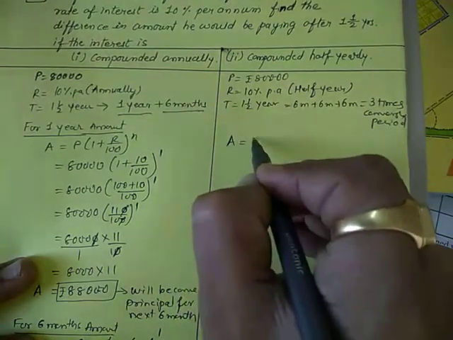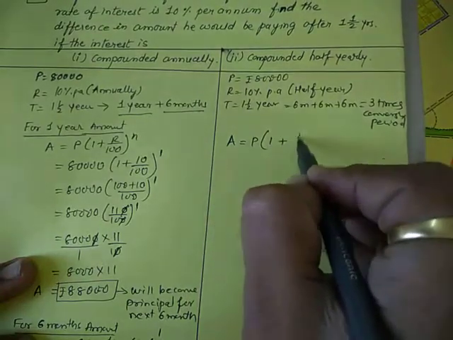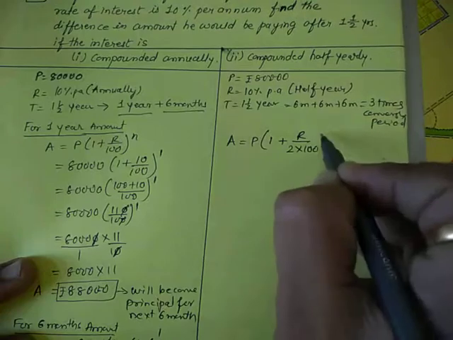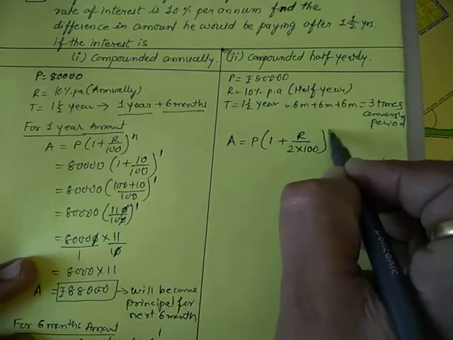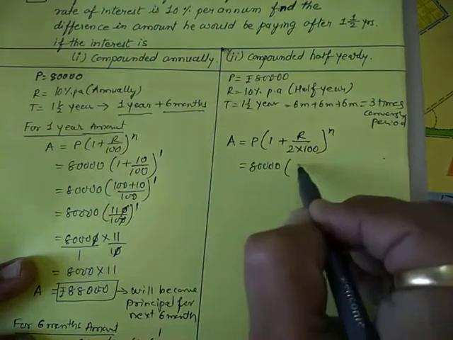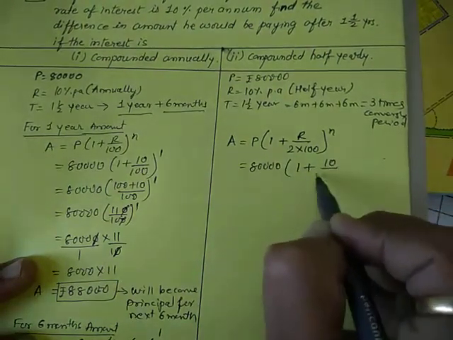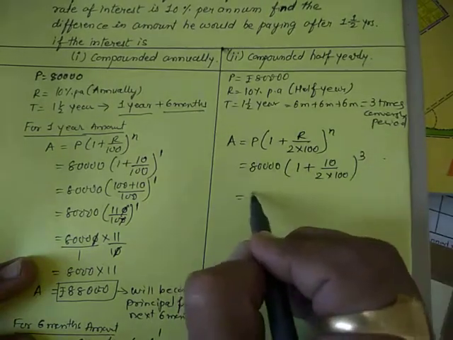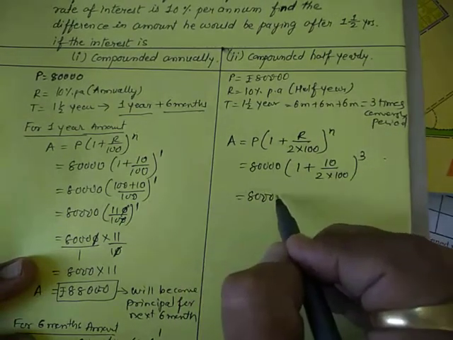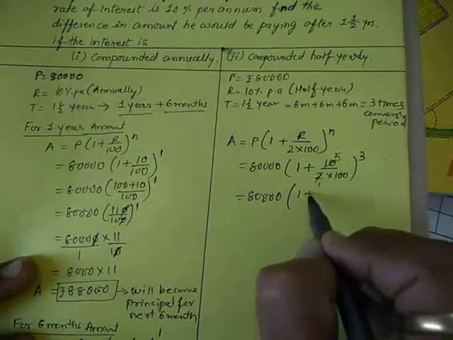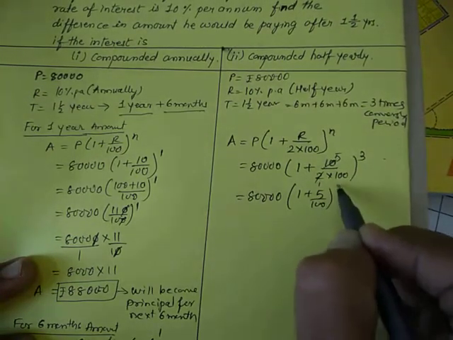3 times conversion period. So we will start from here only. Amounting method: A is equal to P(1 + rate). Now it is half yearly, so the rate gets halved, therefore divided by 2, and conversion period n. So 80,000, 1 plus half of 10, and here the conversion period is 3. So again 80,000, and 2 ones and 2 fives. So I am getting 1 plus 5 upon 100 raised to 3.